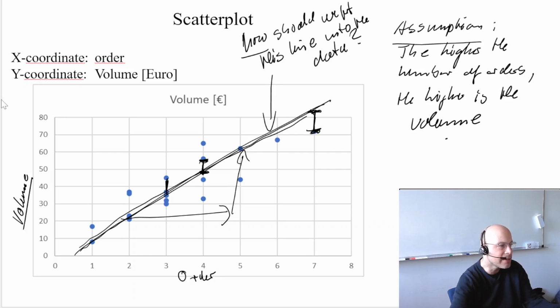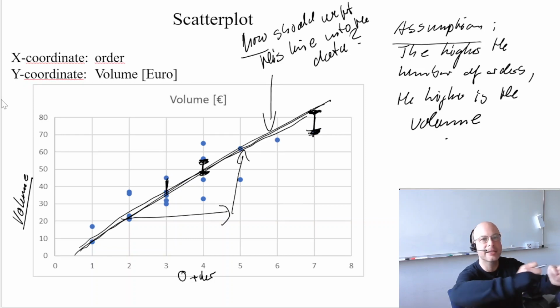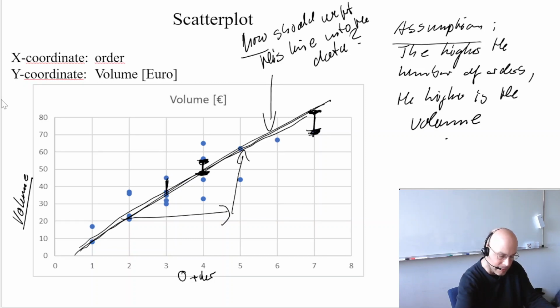But if we take only the distances, then this distance here is positive and this distance is negative. And if we just sum these distances up, then this value positive, this value negative is reduced by each other. And for this, we can say, well, let's take the square, because then we have no problem anymore with plus and minus.